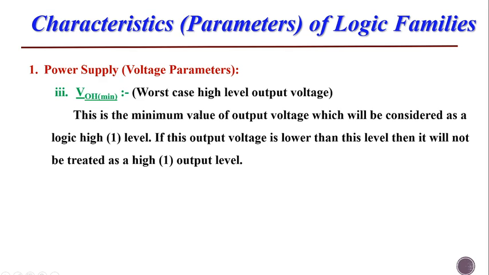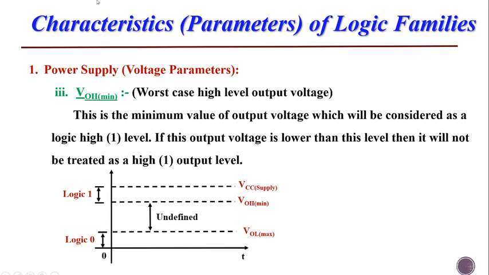So VOH min is nothing but the worst case high level output voltage. Again, here is the diagram. Here VOH min is given and VCC. This is the range from VOH min to VCC. If the voltage falls into this range, then it will be treated as a logic high voltage, and if it is less than this VOH min, then it will not be treated as a logic high output voltage.